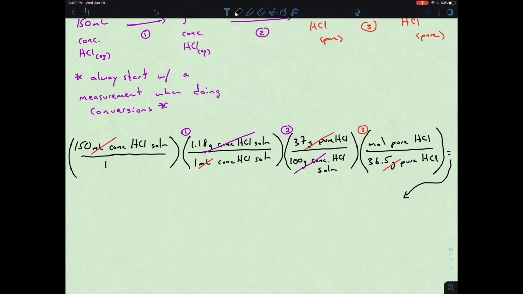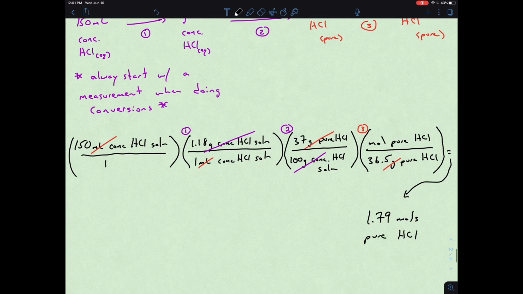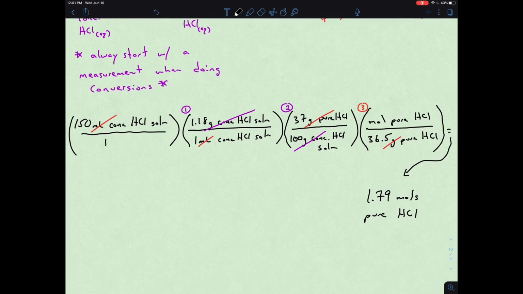And when we do that, we should get a value of roughly 1.79 moles of pure HCl. So there is our X value. And so now we can solve for the molarity of the HCl that is now dilute.